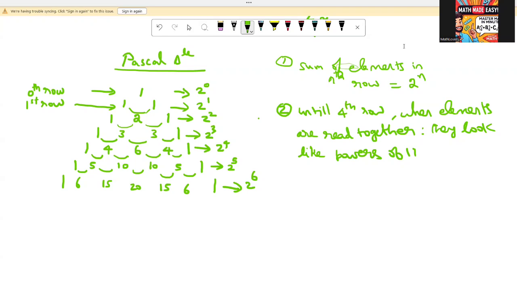Pascal triangle is also of significant importance for all the values of NCR. Now I'll explain what NCR is. N is the number of available options.